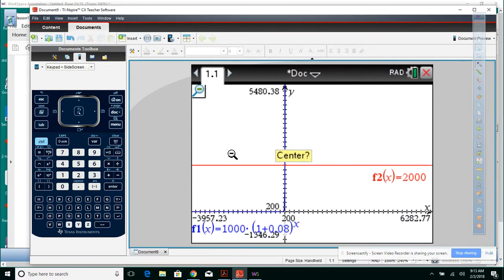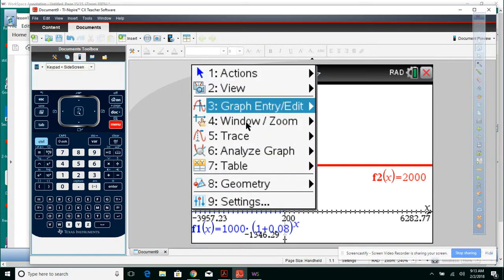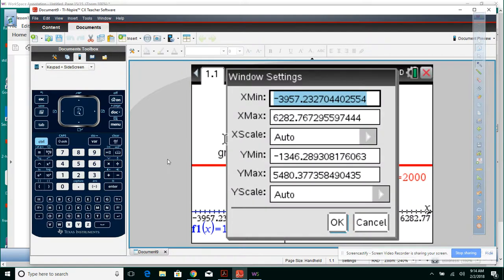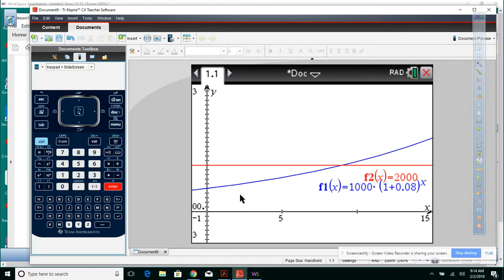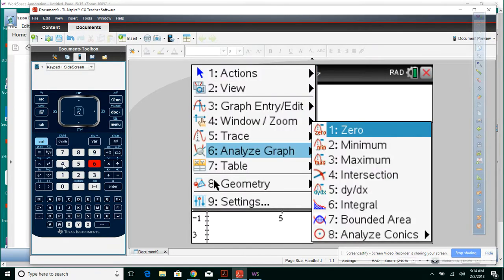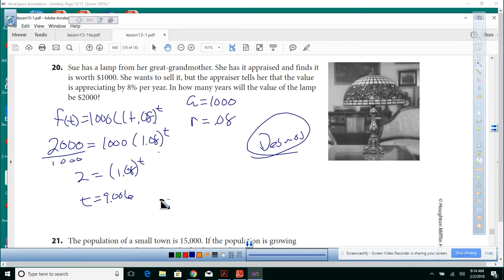But I bet if I menu 4, 1, and let's see, X min, I don't care anything about left of the 0. And then we'll just put 15 there. And then tab, and we'll put it on 5. Well, there it is. Menu 6, 4, and 9.01. There you go. They did a little rounding there.